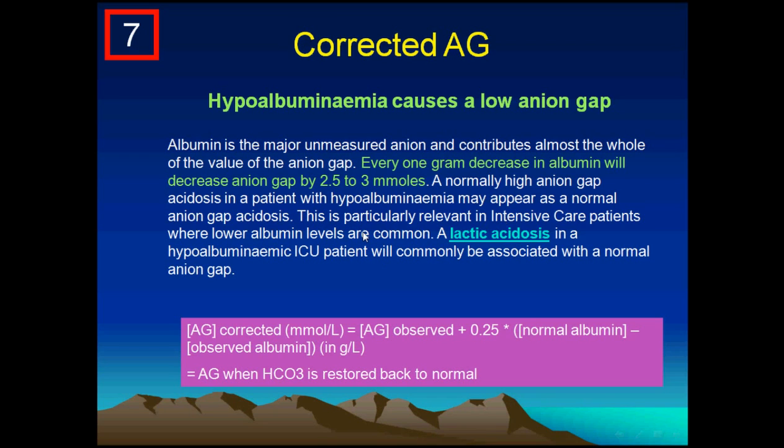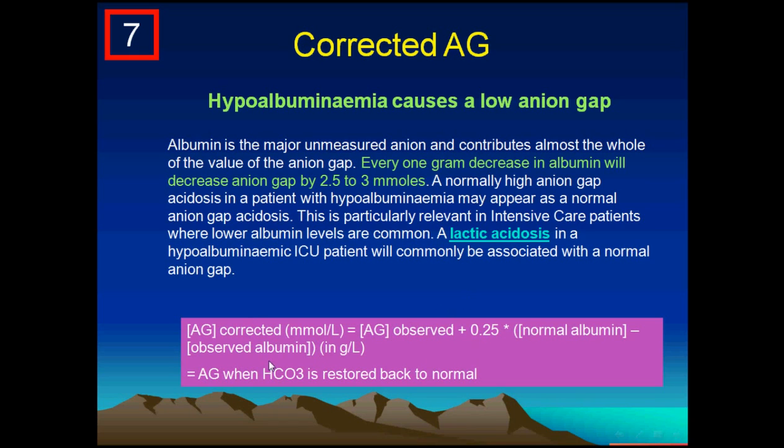So the baseline anion gap of the patient, which is normally 12, will not be 12 in such patients. It will be less than 12, say 8. So when you decide whether this patient has a high or low anion gap, it is according to 8, not 12.